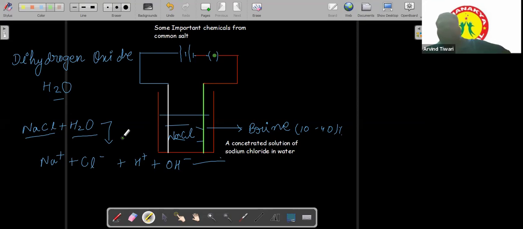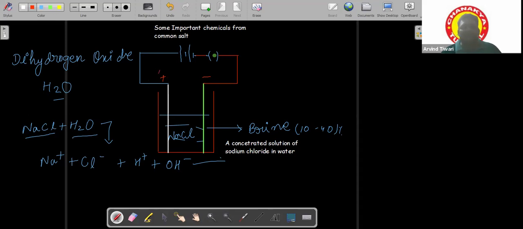Since the circuit is on, the electric current starts to flow. One of the electrodes becomes positively charged and one electrode becomes negatively charged. This electrode becomes positively charged and this becomes negatively charged.